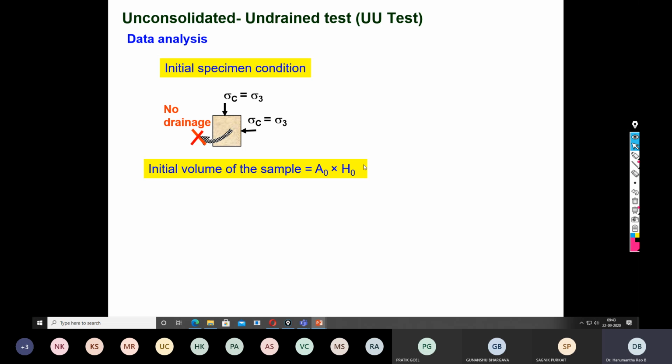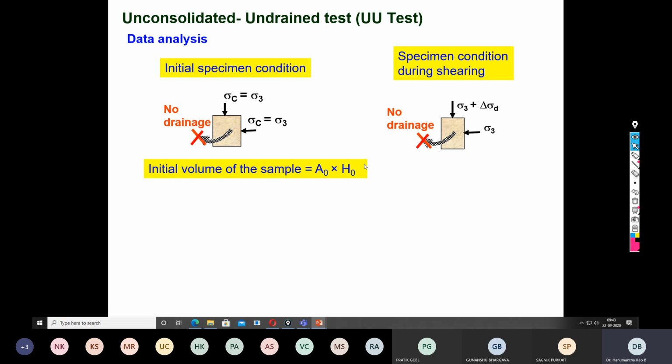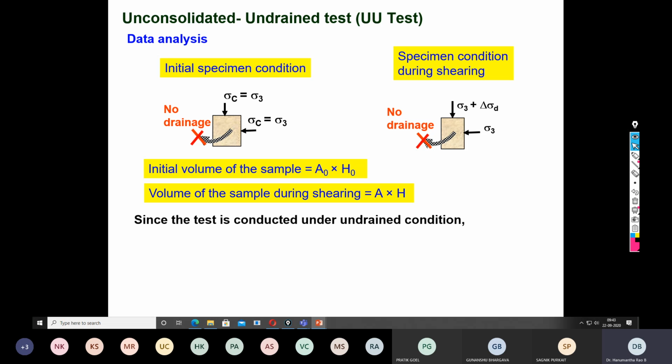The initial volume of the sample is A naught into H naught. With no drainage, the specimen condition during shearing is sigma 3 and sigma 1, which is sigma 3 plus the deviator stress delta sigma. The volume of the sample during shearing is A into H. Since the test is conducted under undrained condition, the volume remains the same.